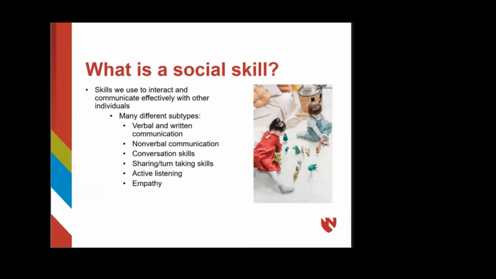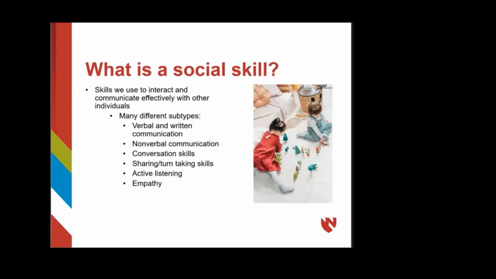There are many different types of social skills and subtypes, including verbal and written communication, nonverbal communication, conversation skills, sharing and turn-taking skills, active listening, and empathy, just to name a few. In order to have strong social skills, individuals need to know how to interact with others in social situations and understand both written and implied rules when communicating with others.